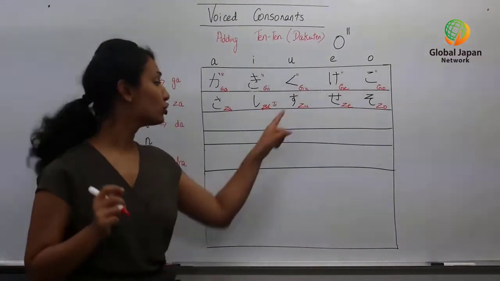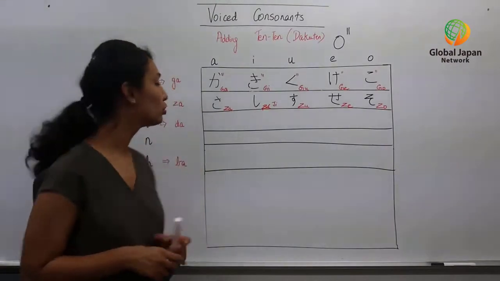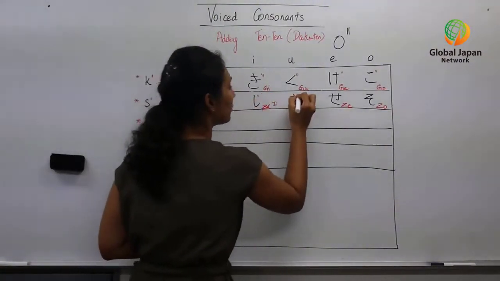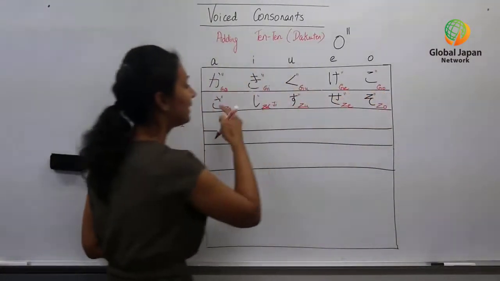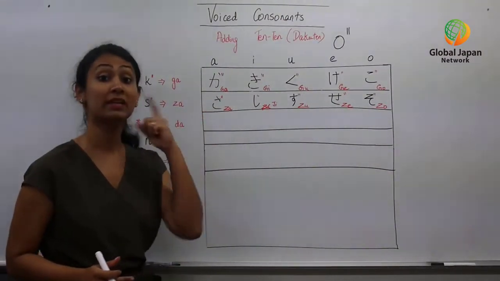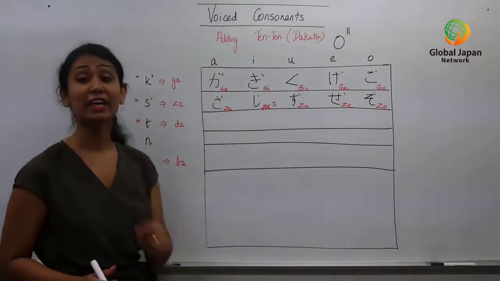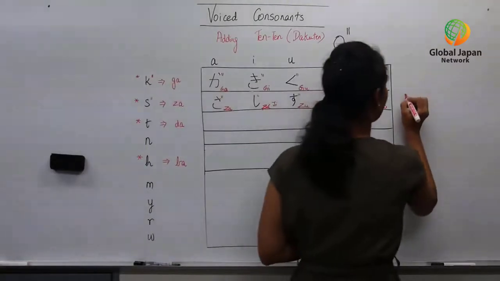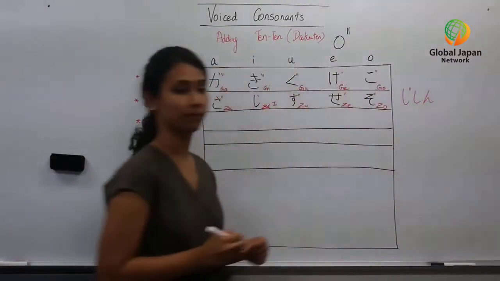Za, ji, zu, ze, zo. All you have to do to these characters is add the tenten to it. So if I added the tenten, you wouldn't be reading this as shi, but you will be reading it as ji. An example for this is jishin, earthquake.